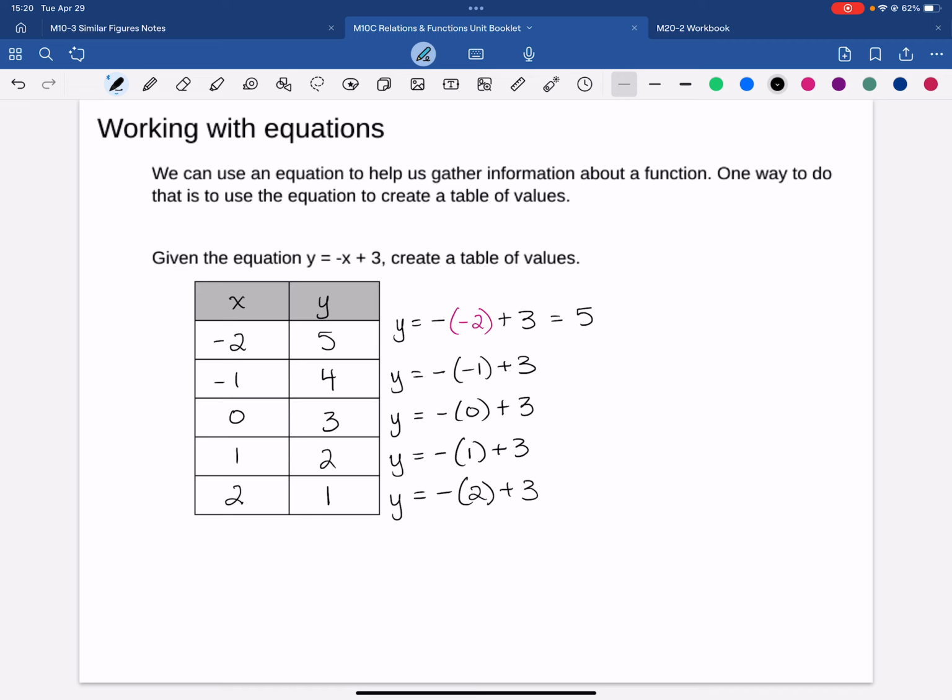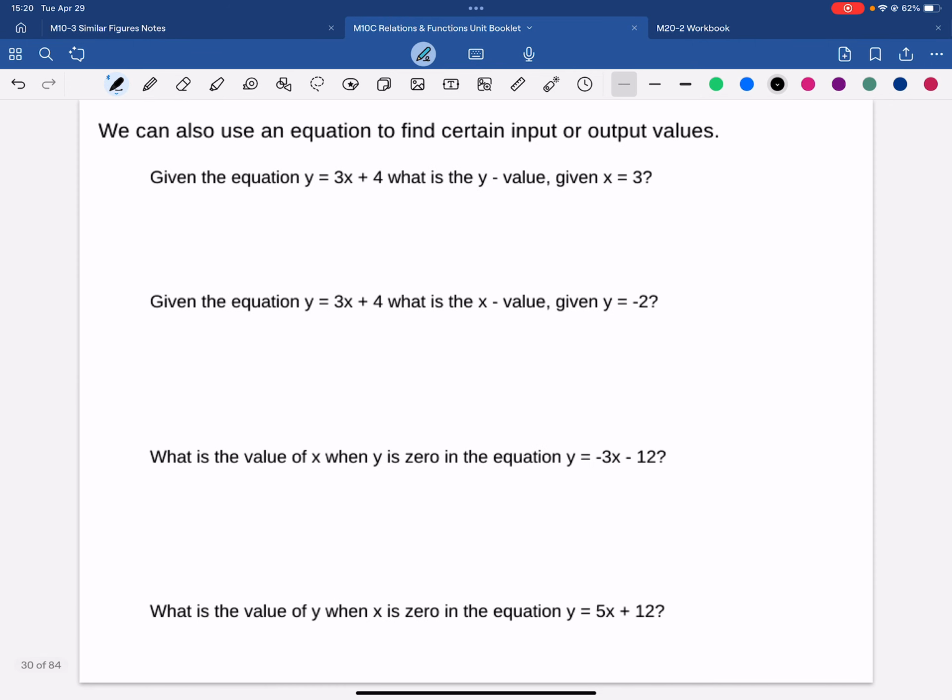You can pick any values for X. We could start at -100, we could start at +50. It doesn't matter. We just pick that value and plug it in, and that's how we create our table of values. So choose a value to put your input in, determine what your output would be based on that.